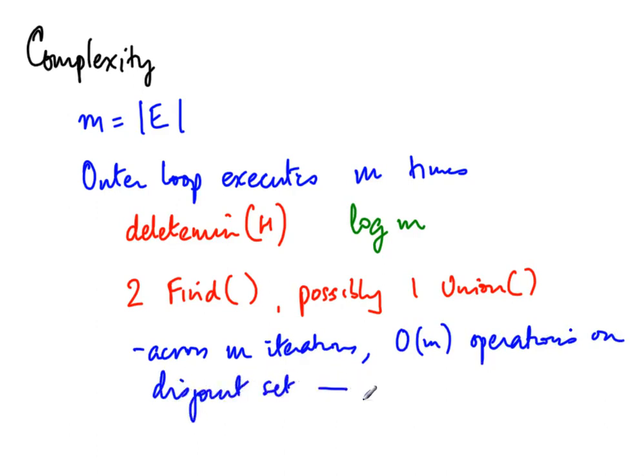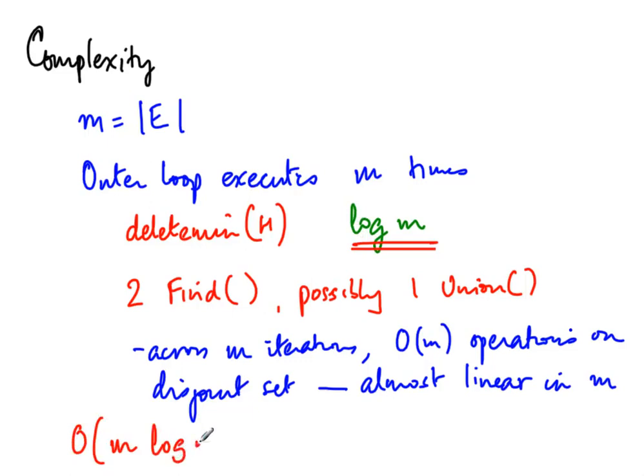Order m operations is almost linear in m. So the total cost of all these finds and unions is just something slightly bigger than order m. So this means that the cost that dominates Kruskal is actually this log m step inside each loop. So overall, Kruskal takes time O(m log m).